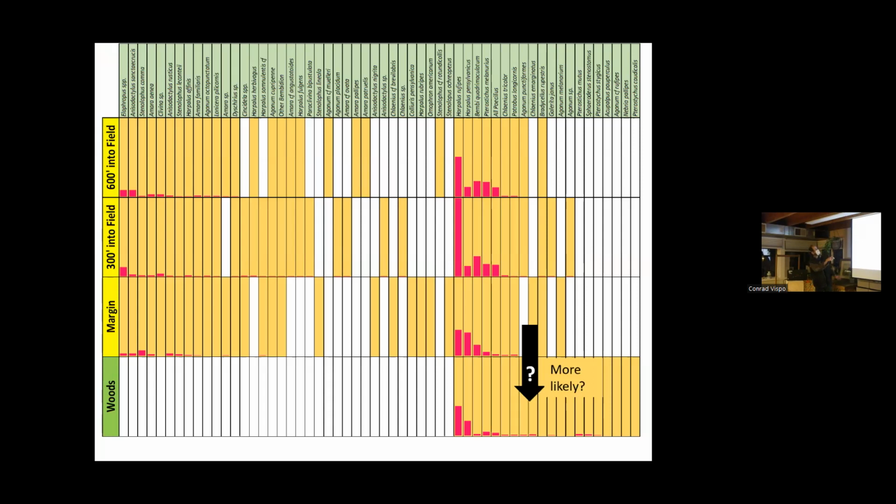You're asking whether, in general, if I looked at these, would they be categorized as forest species or field species? Right, that's right.